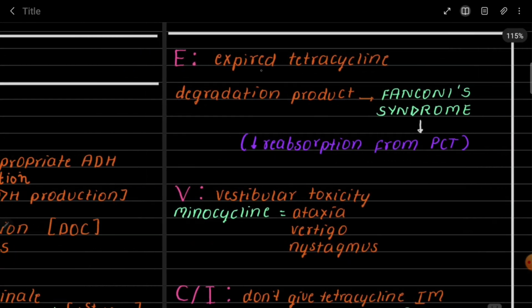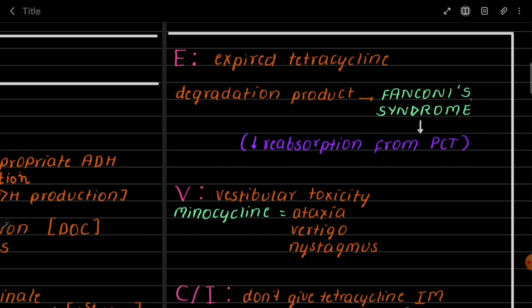E stands for expired tetracyclines. This is also a very, very important side effect. Normally we always see the expiry date of a medicine before taking it, but in the case of tetracycline it is even more important because expired tetracyclines are known to cause a very deadly syndrome, that is Fanconi's syndrome.